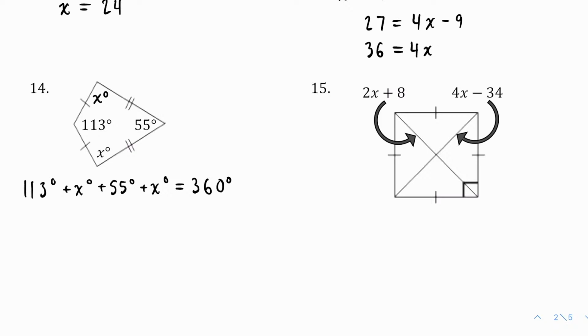So 113 plus 55 is 168. I should probably be able to do 360 minus 168 in my head. Pull out the calculator, it's 192. So 2x equals 192. So x equals 96.